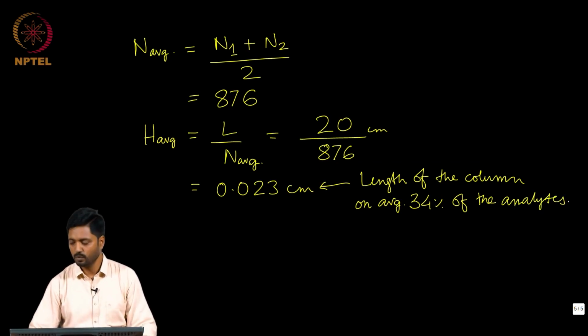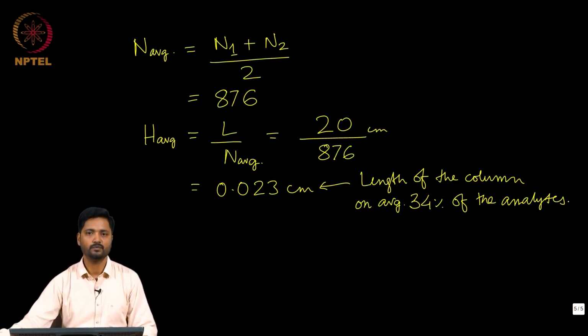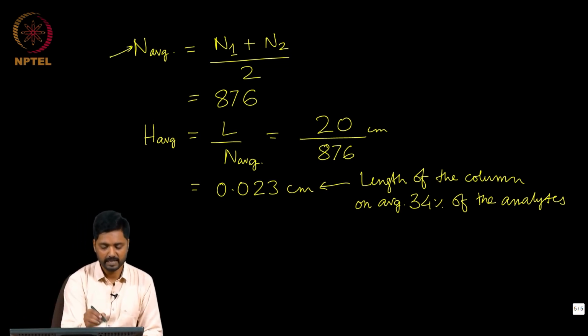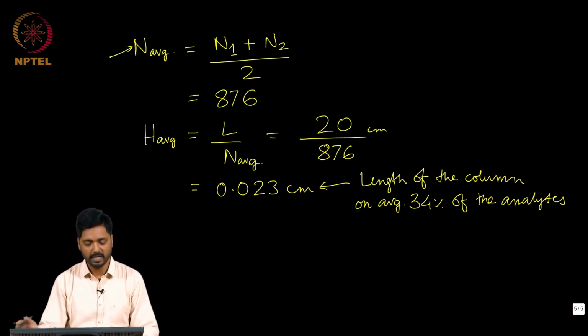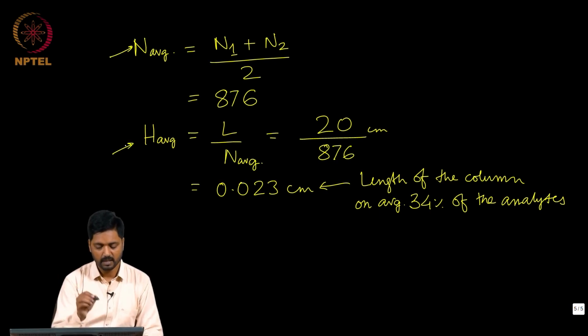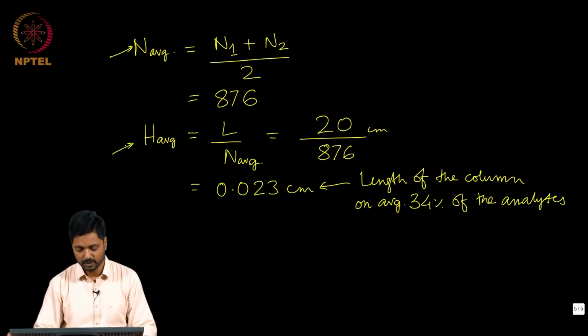Okay. So, we have already calculated the total number of plates present in this column for analyte 1 and analyte 2, and these two numbers were different. From this we calculated the N average, and finally we also calculated the average plate height for this column.